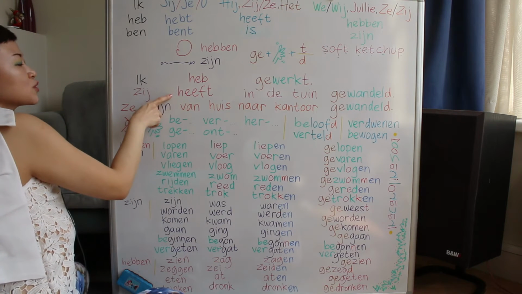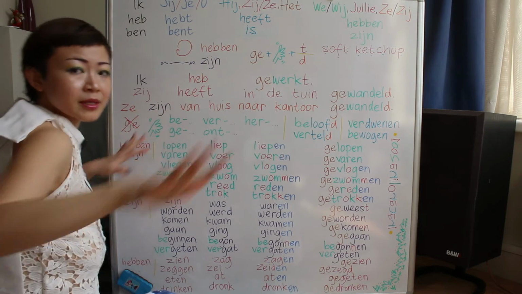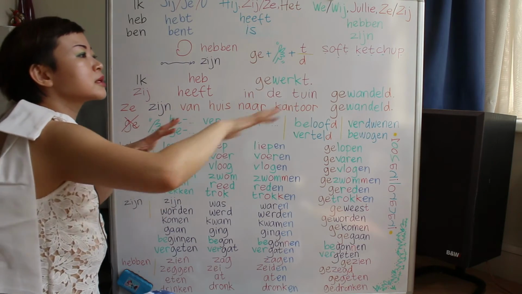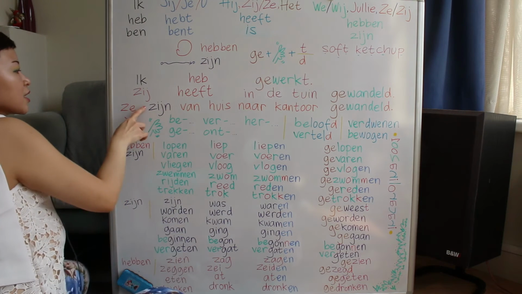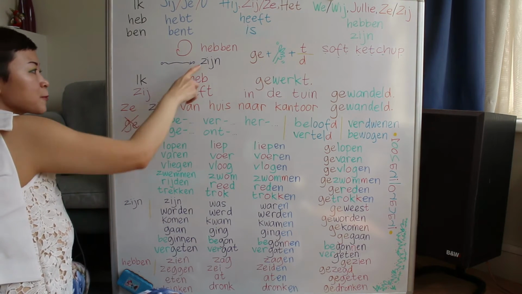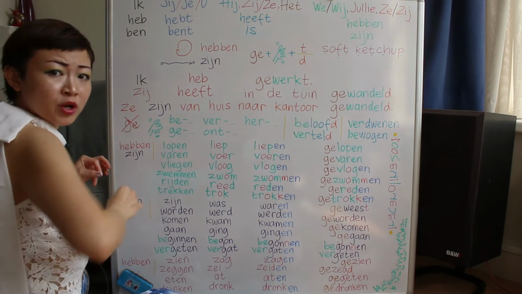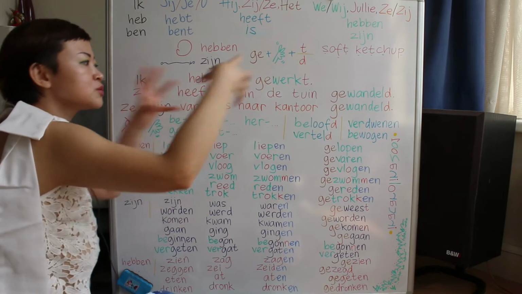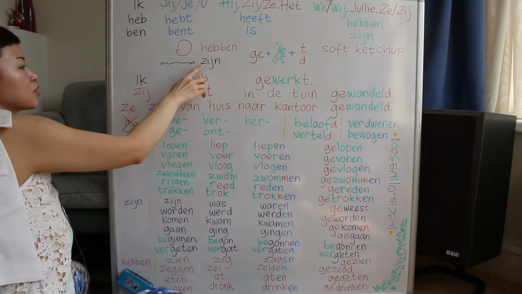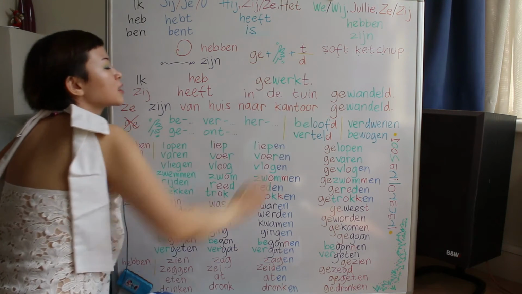But in the previous one we use heeft because it's in the same surrounding. Here we use zijn because there's movement, there's change from one point to the other point. That's why we use zijn. We use the same gewandeld.